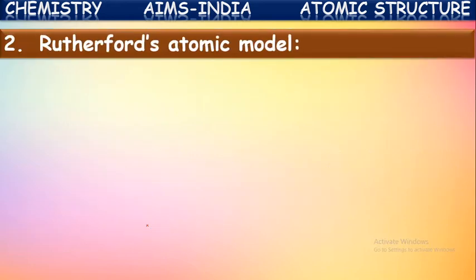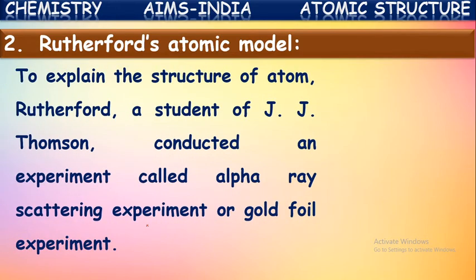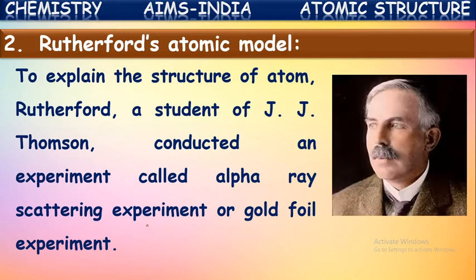Next, one more scientist who gave an atomic model is Rutherford. So now let us see Rutherford's atomic model. To explain the structure of the atom, Rutherford, a student of J. J. Thomson, conducted an experiment called the alpha-ray scattering experiment or gold foil experiment.